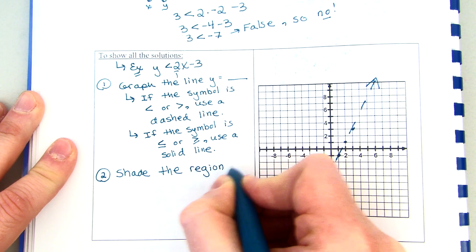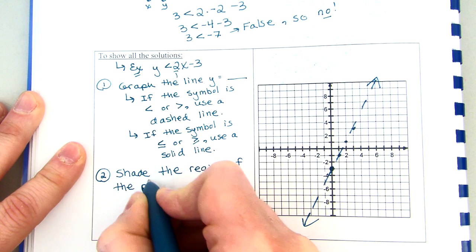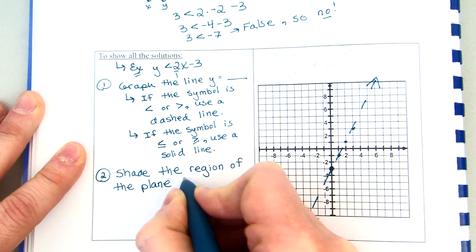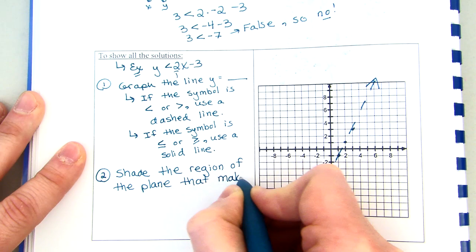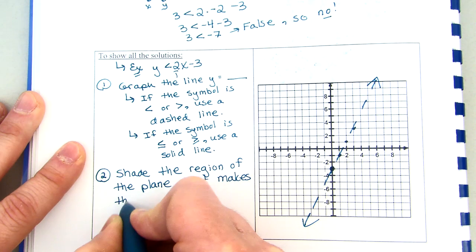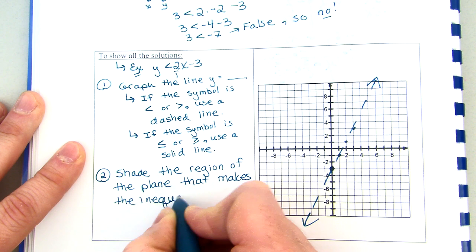We're going to shade the region of the plane that makes the inequality true. I need to explain what that means. So let's just write it for right now. Then I'll explain how we figure that out.